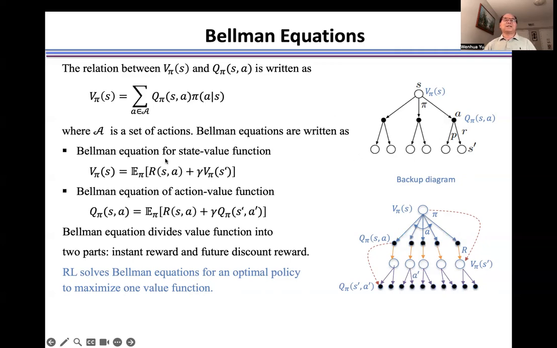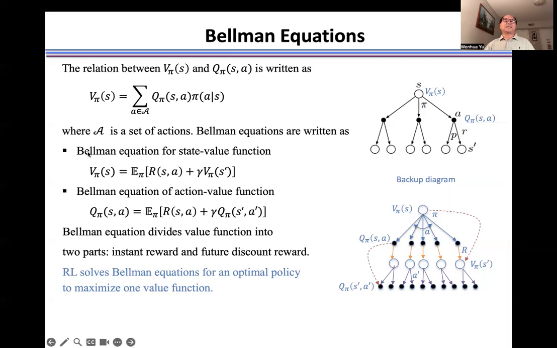And then the problem is, how can we find the optimal policy pi? And then we have the Bellman equation. We use the Bellman equation with a neural network to solve for the optimal policy.